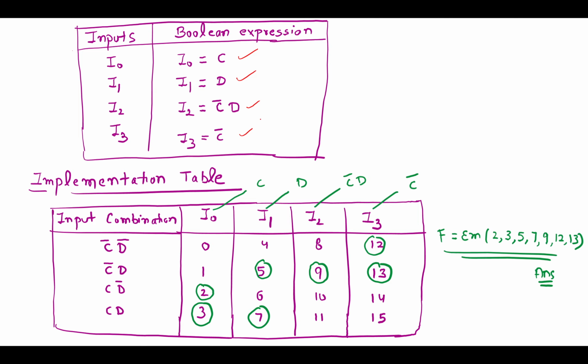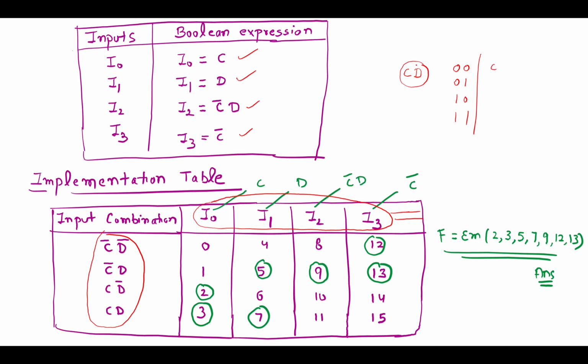After that, we have to write an implementation table. This implementation table will provide you all the minterms. All the inputs, I0, I1, I2, you write horizontally, along with all the input combinations, because in the circuit the inputs are C and D. How many possibilities are there for these two inputs? 0 0, 0 1, 1 0 and 1 1.